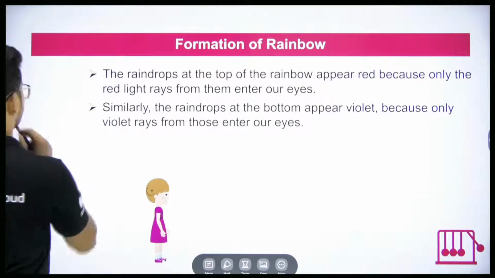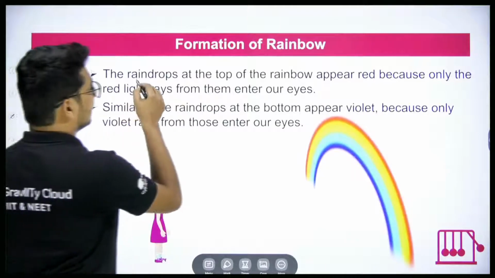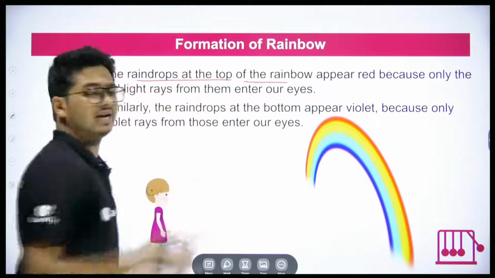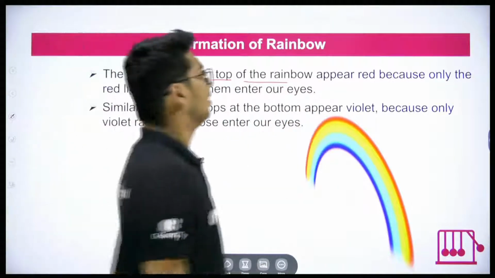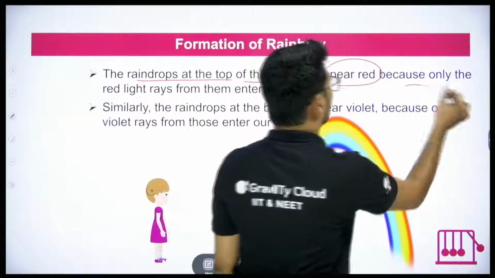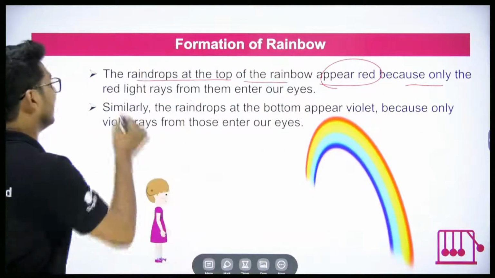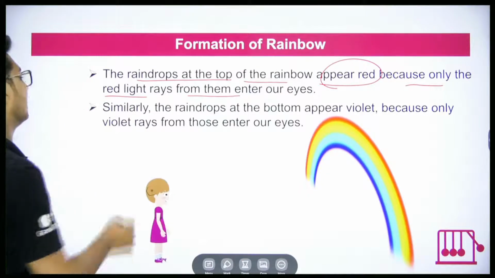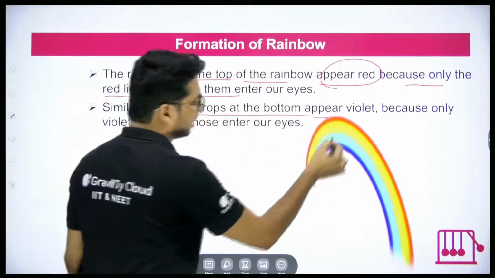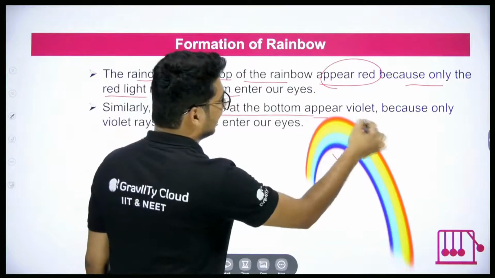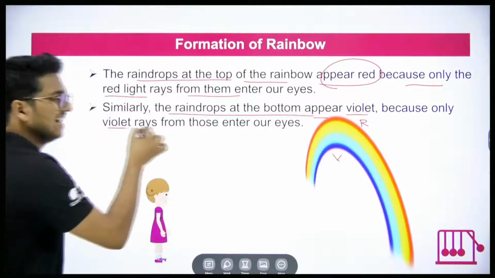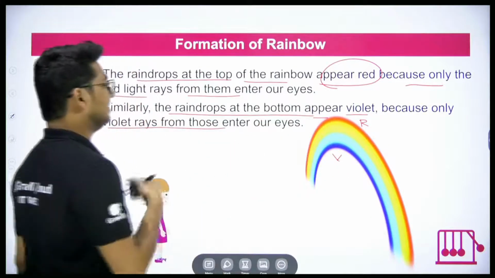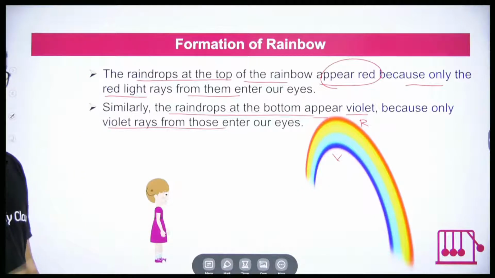So look at this. The raindrops at the top of the rainbow appear red because only the red light rays from them enter our eyes. Whereas the raindrops at the bottom appear violet because only violet rays from those enter our eyes.